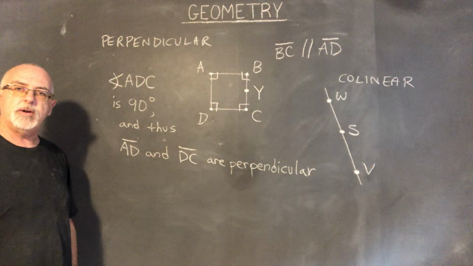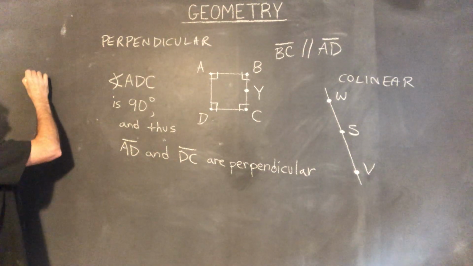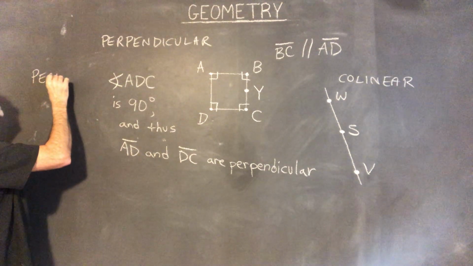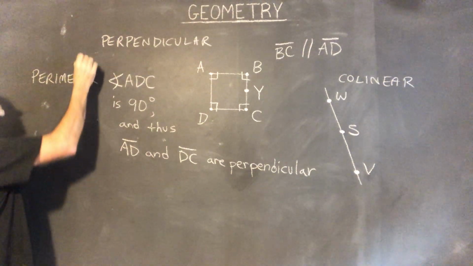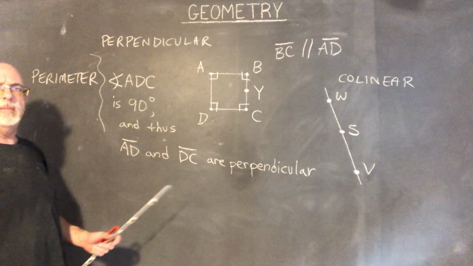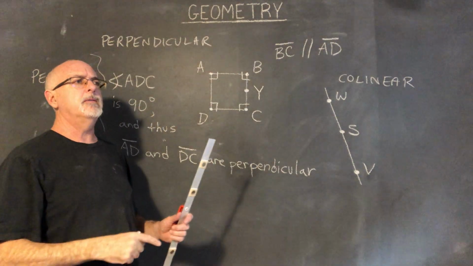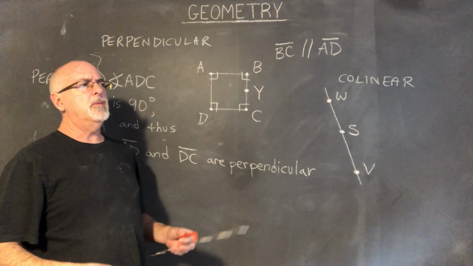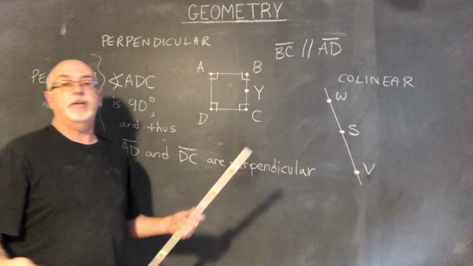Now, perimeter. I think I'm starting to get quite a crowd of words and diagrams and symbols on my chalkboard wall. Perimeter. That's an important word. The perimeter is the measure outside the edge of a shape. The best example I always think of when I'm trying to explain that to students with real life examples is a fence.